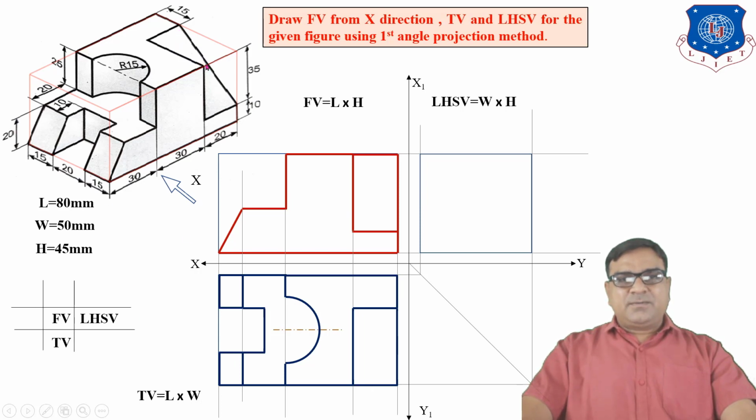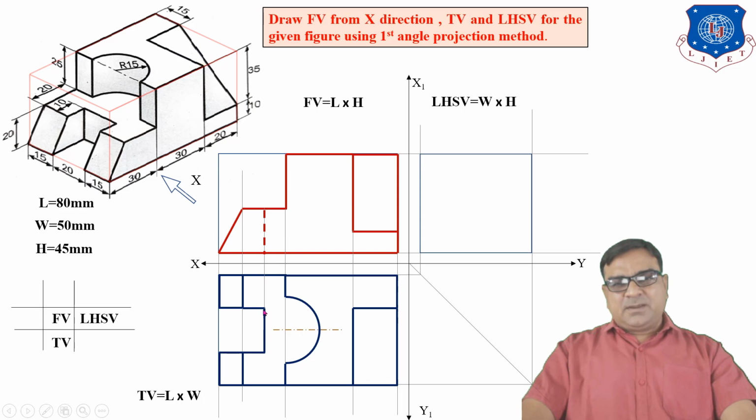Now here is one plane which is inclined to HP as well as inclined to VP. So for this top view, this is a rectangle. Now this hidden line represents the front view of this surface, because when we observe from here the surface is hidden. So the hidden surface is represented by a dashed line.